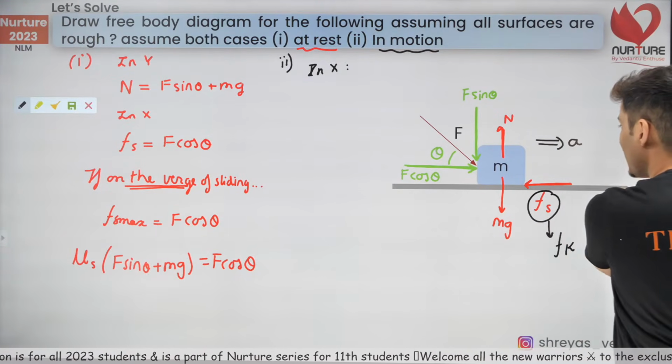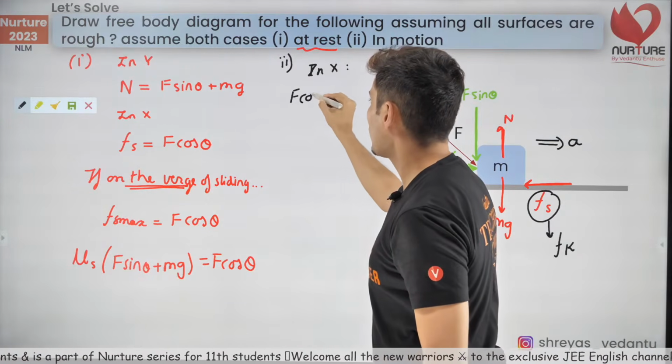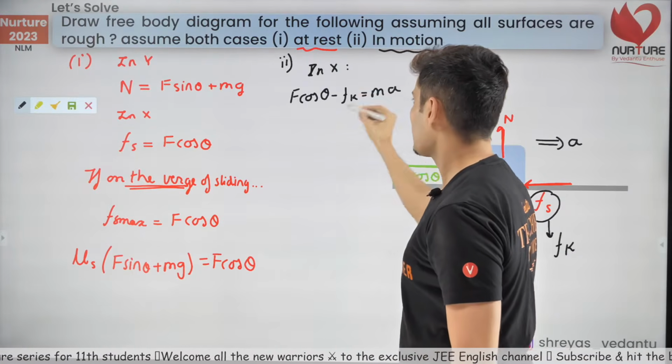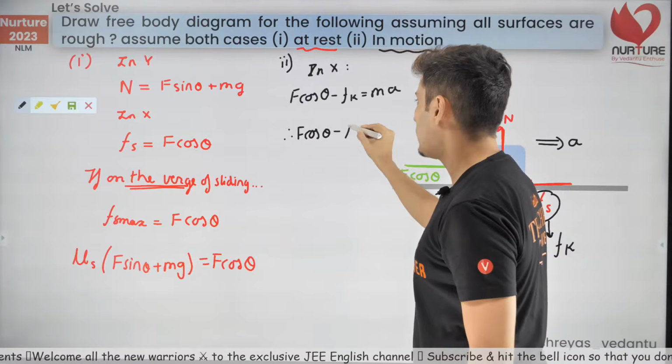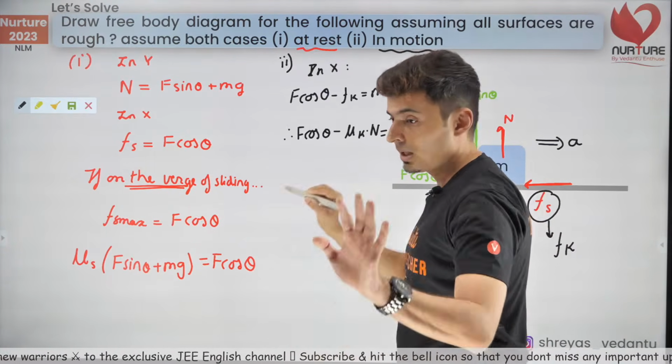Net force in the x direction is mass into acceleration. So it will be F cos theta minus Fk is equal to ma. Therefore F cos theta minus Fk, what is Fk? It is mu k into N, is equal to ma. Everybody getting it?